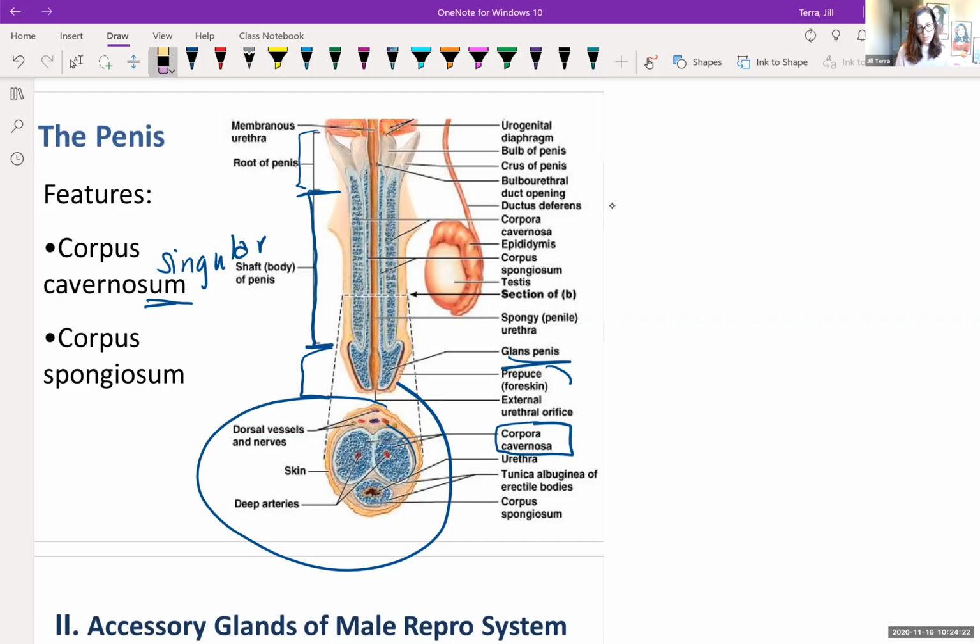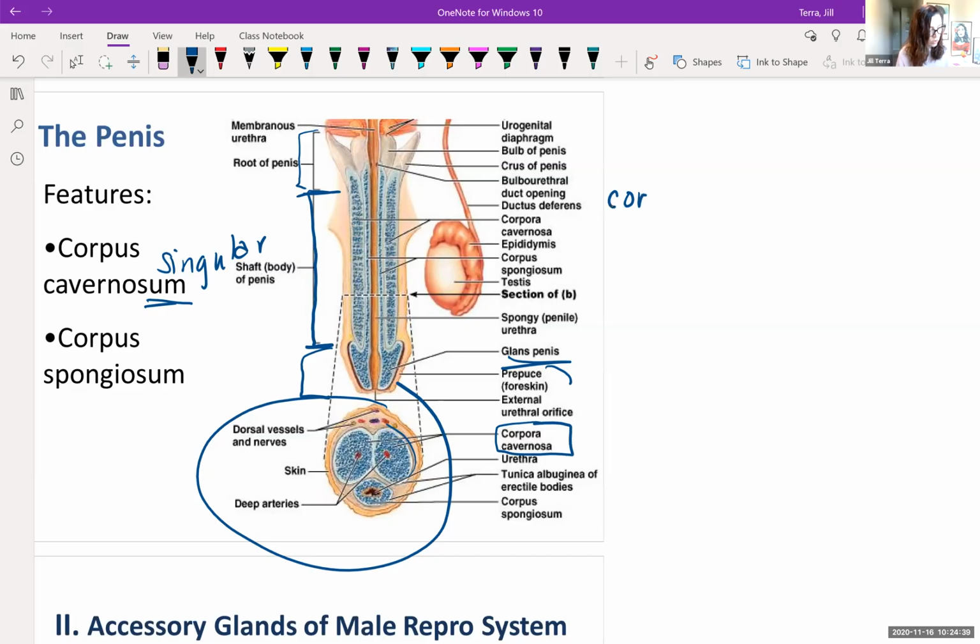And so these are kind of on the anterior surface, so they'd be furthest away from the body in a flaccid penis, which is what we're looking at here. Okay, so the corpus cavernosa, let's talk about those first.